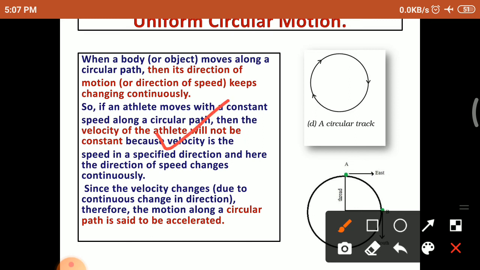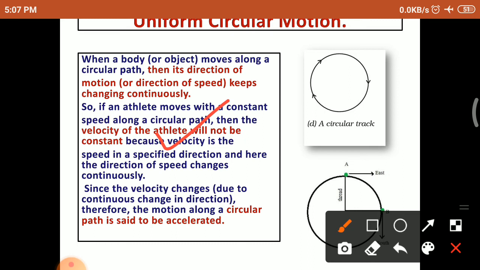Because velocity depends on direction. If the direction changes, the velocity also changes. So if an athlete or any person runs through a circular track, the direction continuously changes, and the velocity will not be constant.